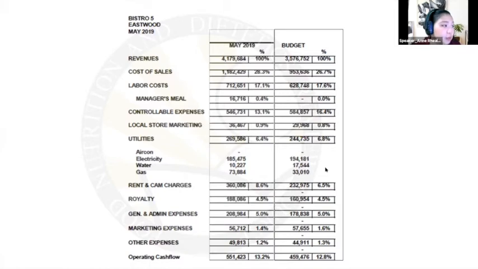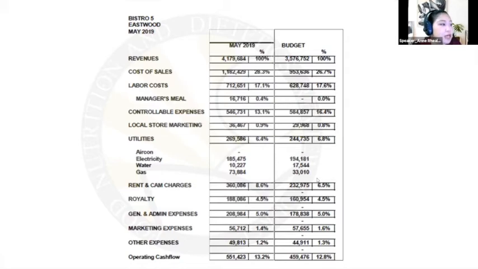And to be profitable as an institution, ideally you have to meet at least 25 to 30% at most for your labor cost. Kasi beyond that, it will be very hard for the operations na maging profitable kasi labor cost would usually entail the highest percentage sa cost natin.